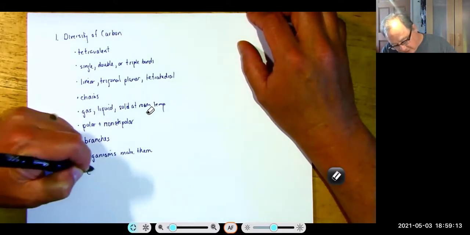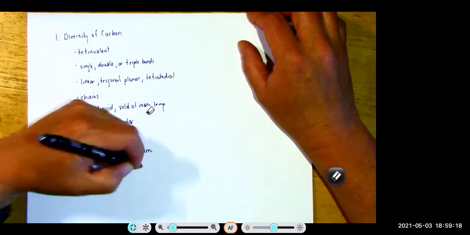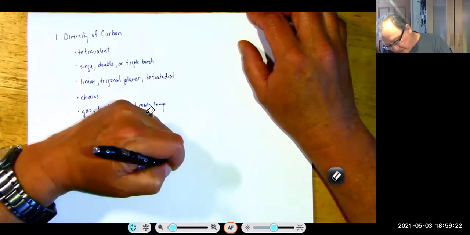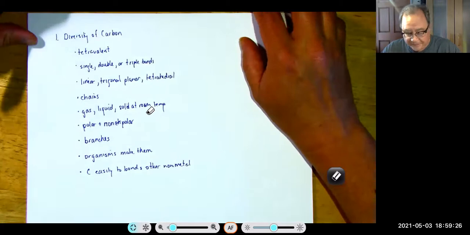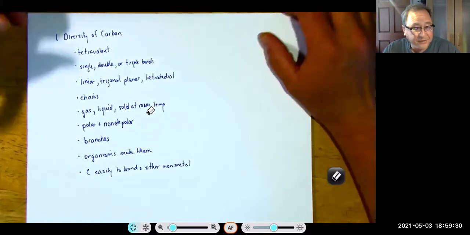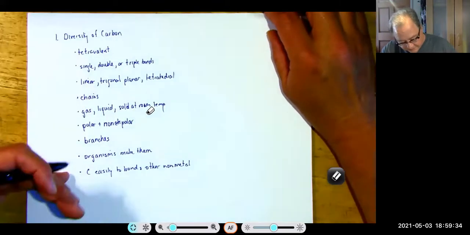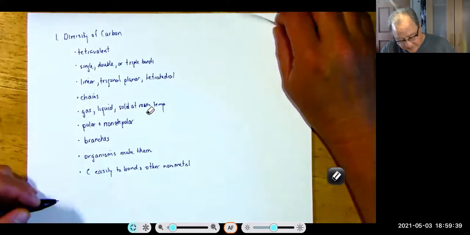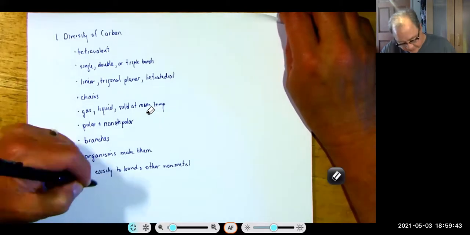Carbon easily bonds to other non-metals, which is what we expect in organic compounds, which are molecular compounds. Okay, so that's a pretty good list. We got what? 1, 2, 3, 4, 5, 6, 7, 8, 9. And we might be able to add 1 or 2 here later, but let's see.